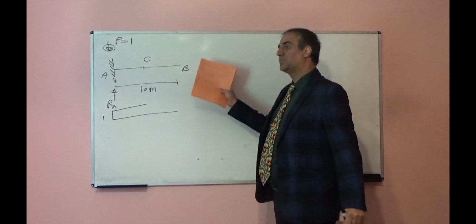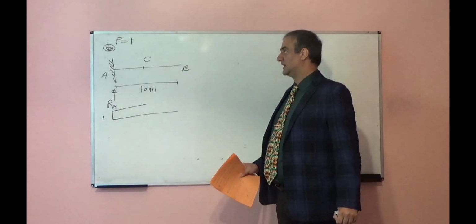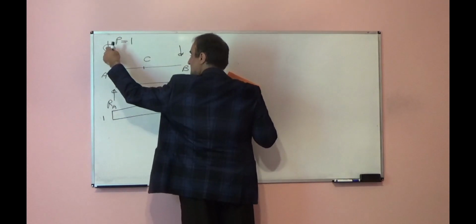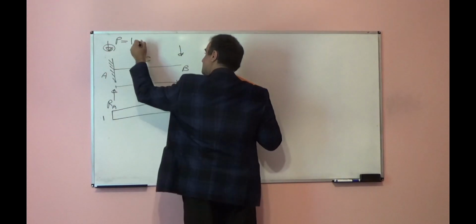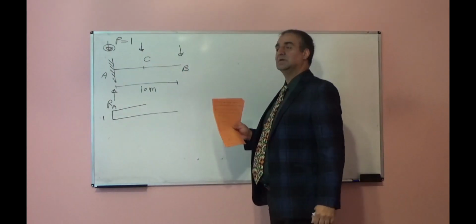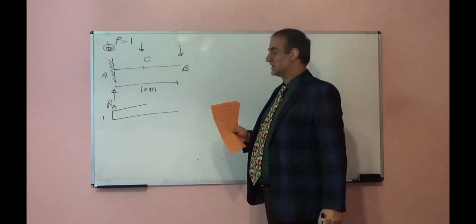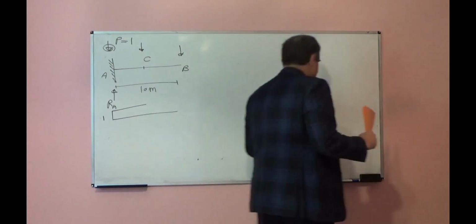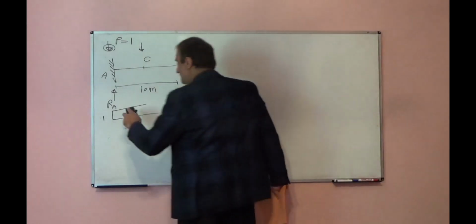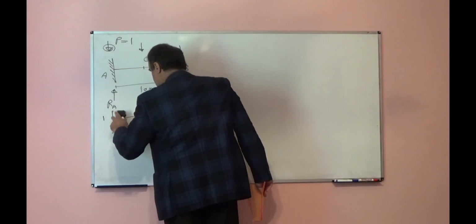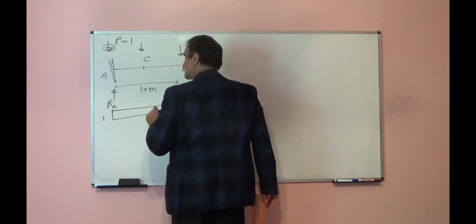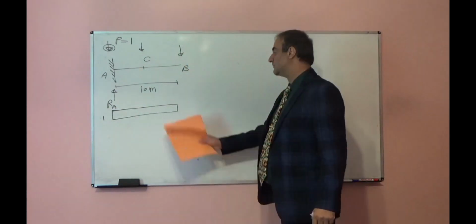If I put at point B, at free end, what is the support reaction at A? Again it is 1. So support reaction will not vary with the location of moving or traveling load. So the influence line will be one rectangular.